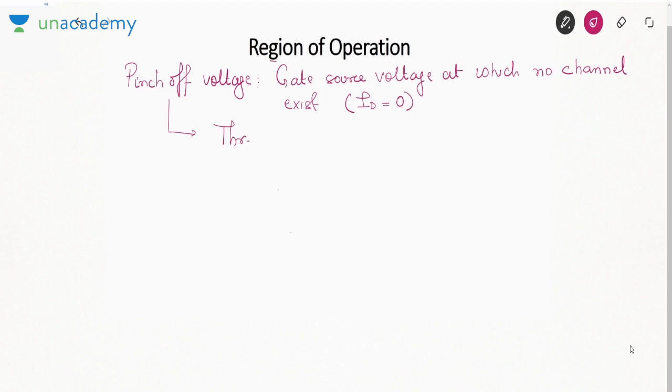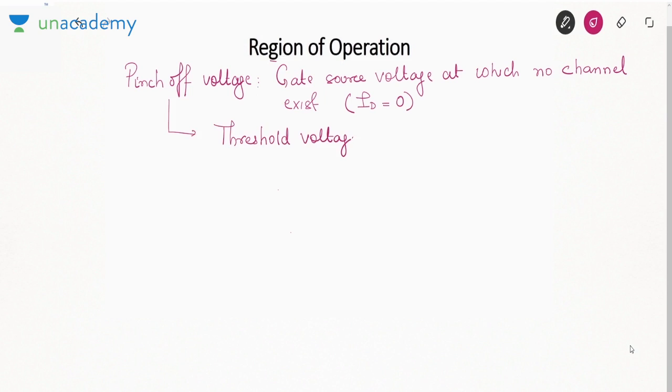It is the gate source voltage at which no channel exists or the current is zero. This in MOSFET is also called threshold voltage.